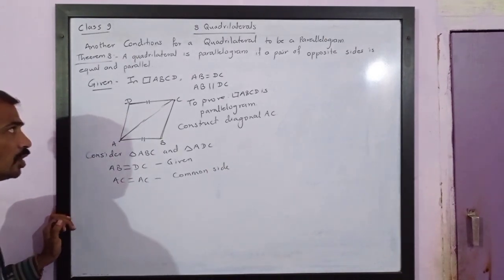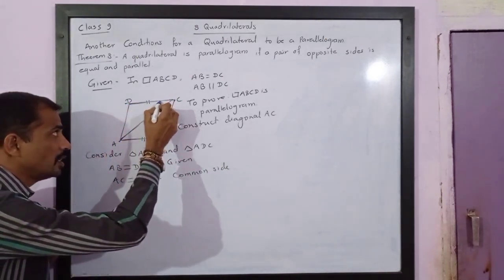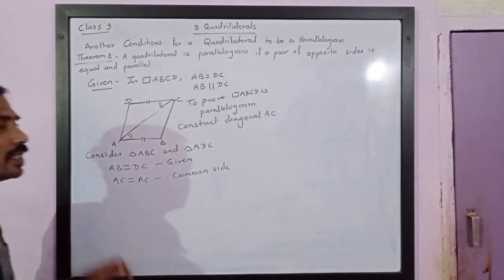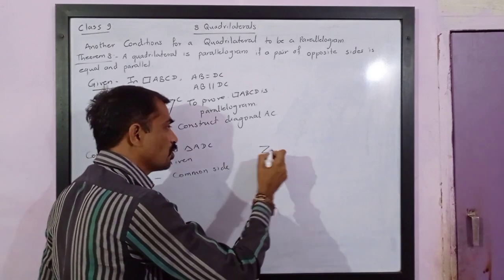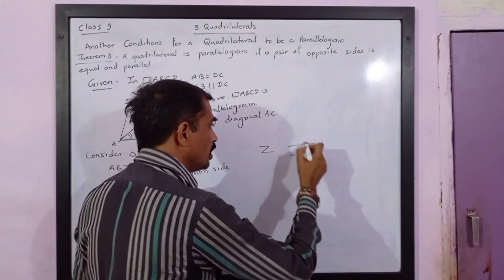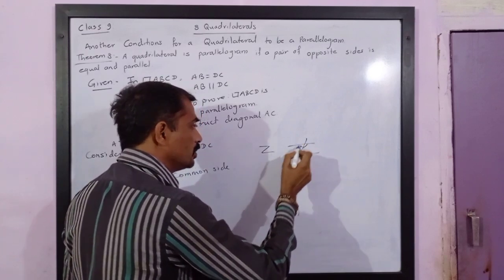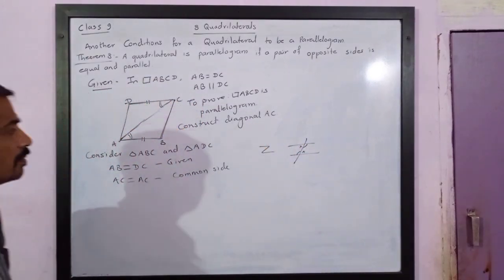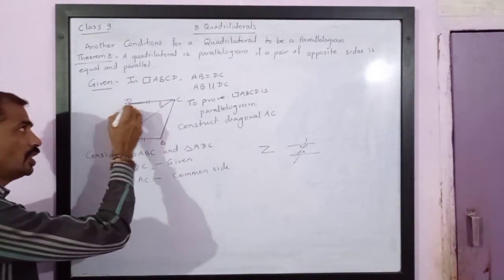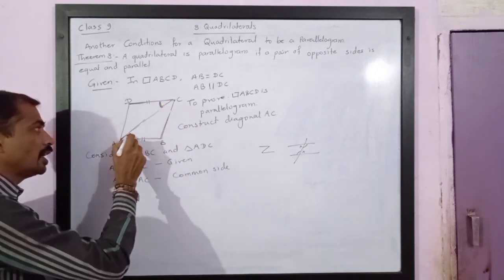Now watch carefully. We are given that these two sides are parallel. It means these angles are alternate angles. We have already studied that the letter Z stands for alternate angles. If two lines are parallel, then alternate angles are congruent. This is angles in Z. So these are alternate angles, and alternate angles are equal.